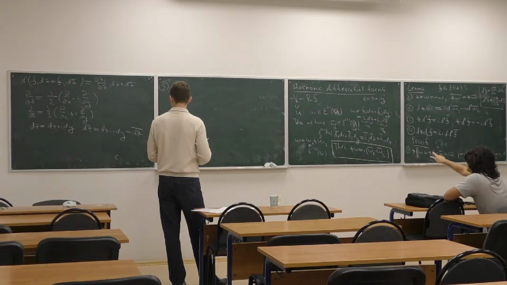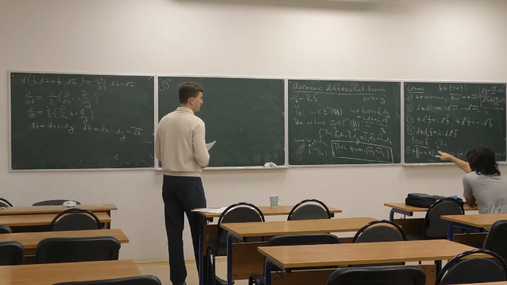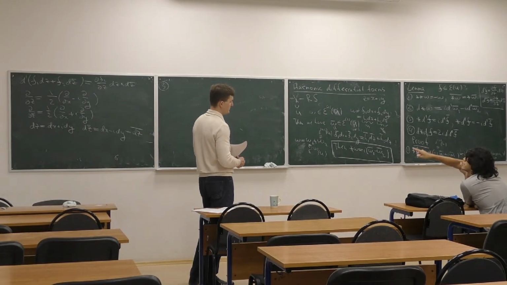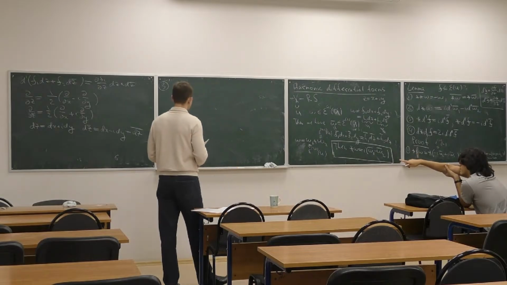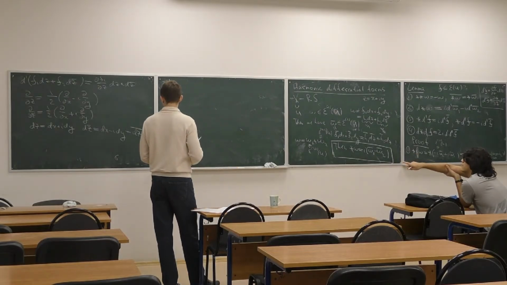But our form here, dz, only applies to the part of partial of z, and the conjugate only to the part of partial of z conjugate. Yeah, so we have to say that dz bar is the same as the z conjugate.